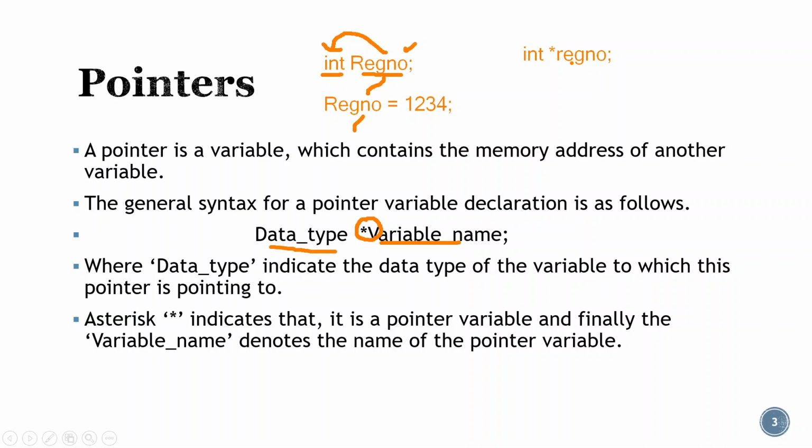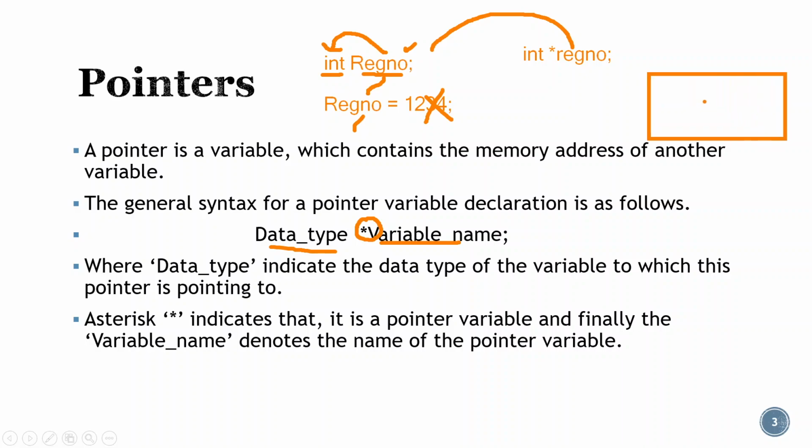Now this is a special data type which can hold the address of an integer variable. So this reg number now has an ability to hold the address, not the value. It is not holding the value. It is going to point to the location.